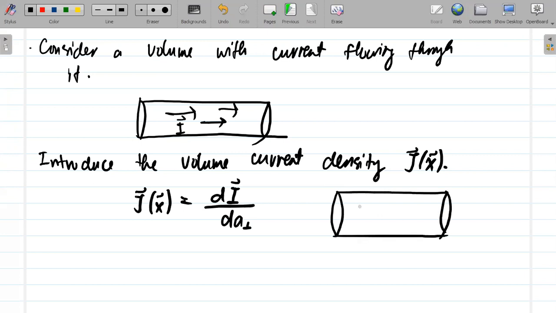Meron kang I, ganyan. Tapos meron kang area na perpendicular dito. Ito, small area. So, small current over small area, yan yung volume current density natin. Pero class, di ba kung volume current density, dapat current over volume?